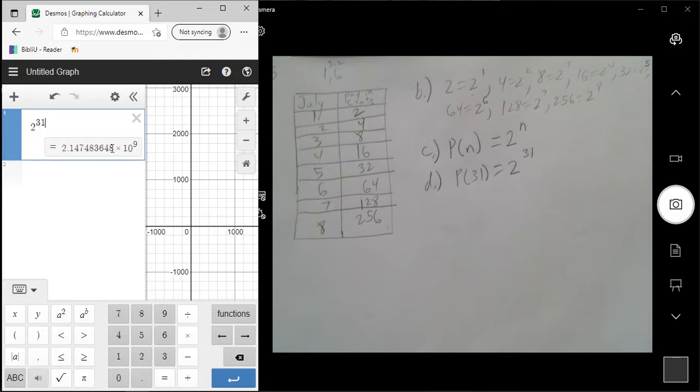And it gives us, you notice here it says times 10 to the 9th power, so we have to move this decimal 9 places to the right.